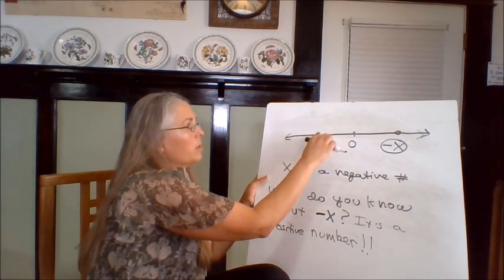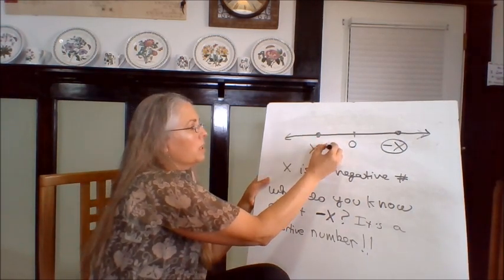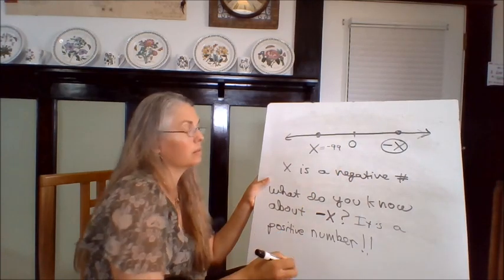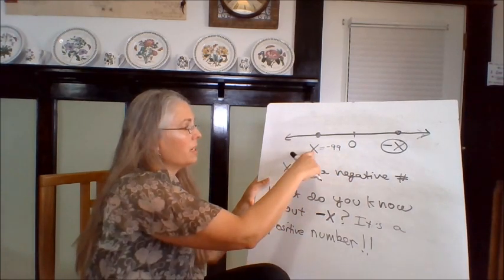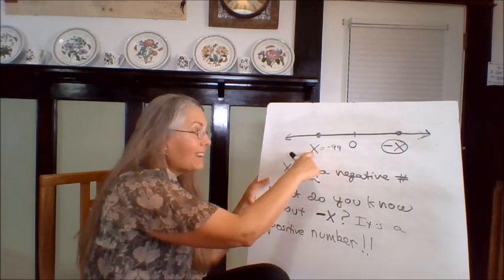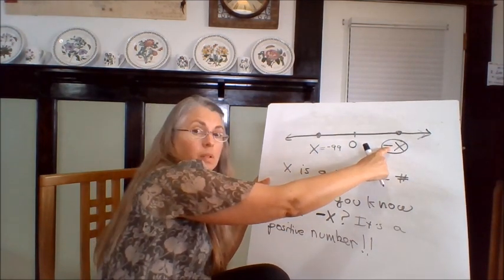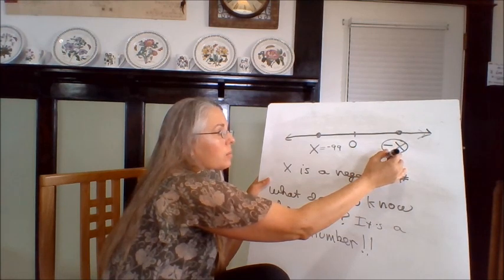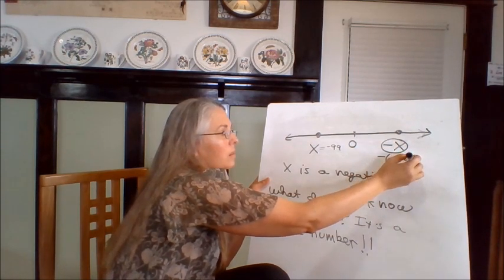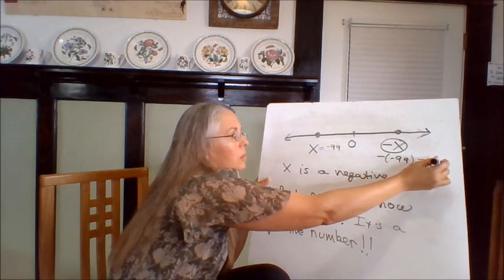Let's say x could be negative 99. I don't say negative x is negative 99. x is negative 99. So the opposite of negative 99 would be 99.